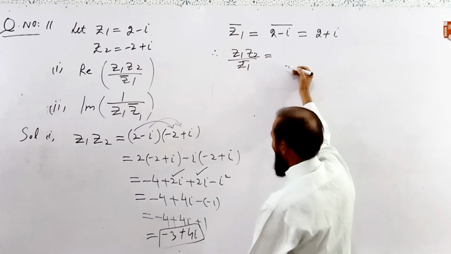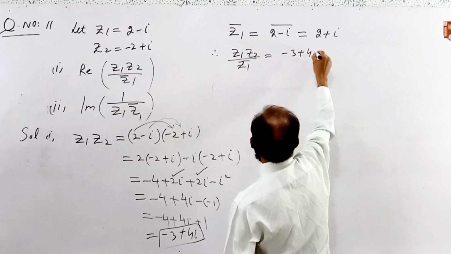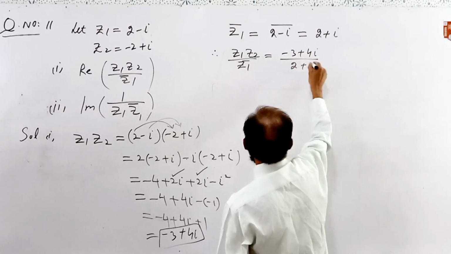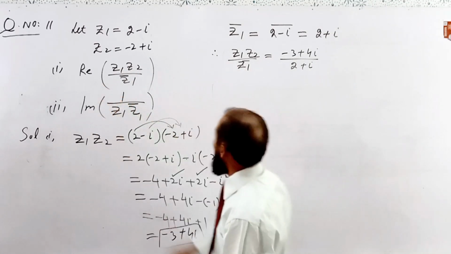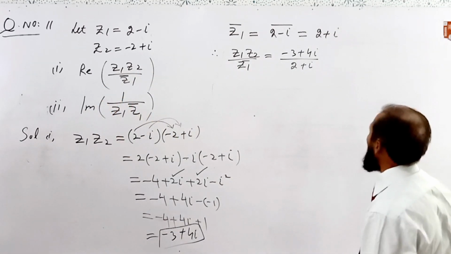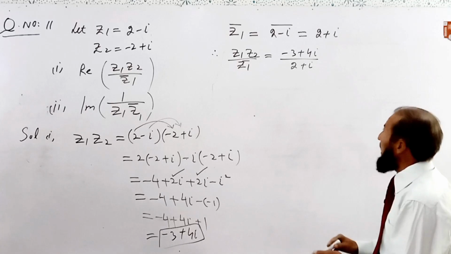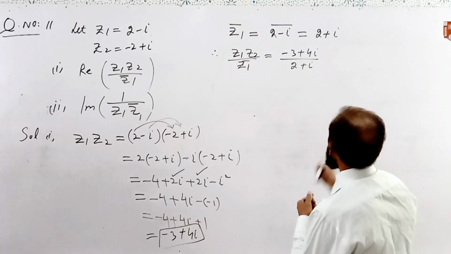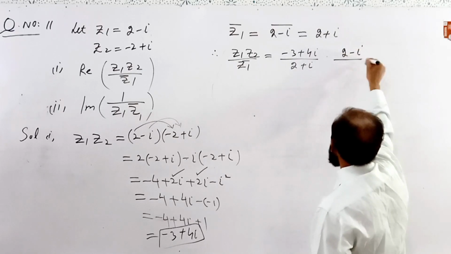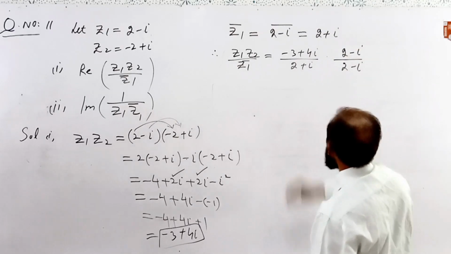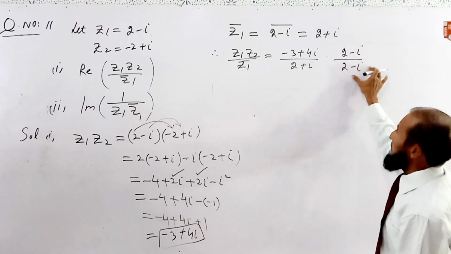So the result is here minus 3 plus 4 iota divided by 2 plus iota. But here the real part is required, it means we will change into the form of a plus b iota. So we divide and multiply by the conjugate of these terms.